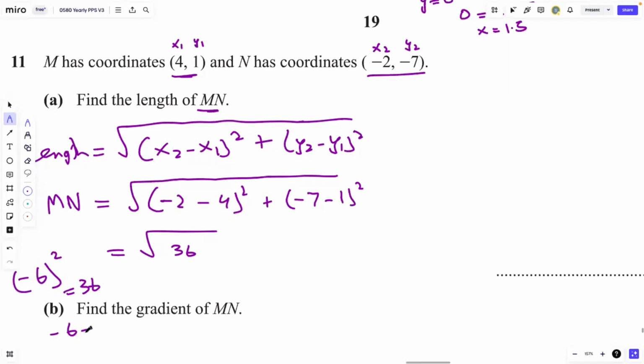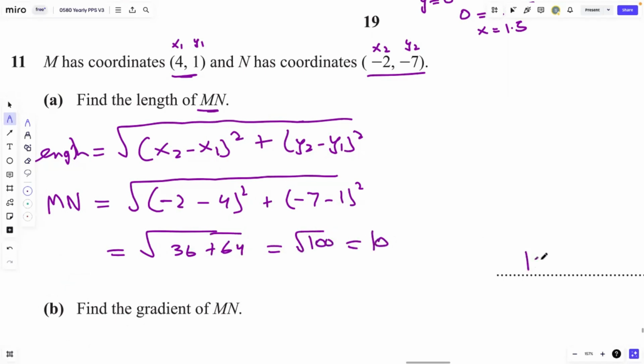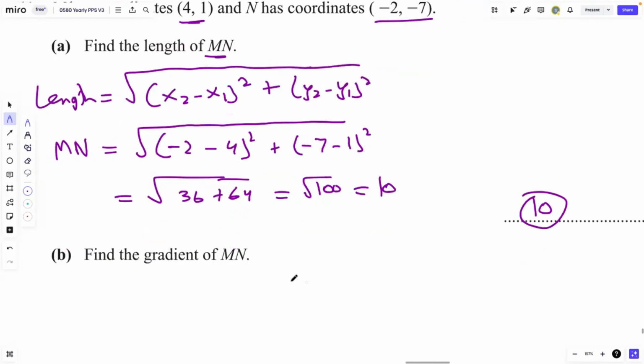Otherwise, you would have gotten -36, which is incorrect here. Make sure you put it in correctly using the brackets when you're squaring, so the negative also squares out. This is going to be -8 square, again 64, and that's square root of 100, that's going to be 10. 10 is your answer, that's the length.